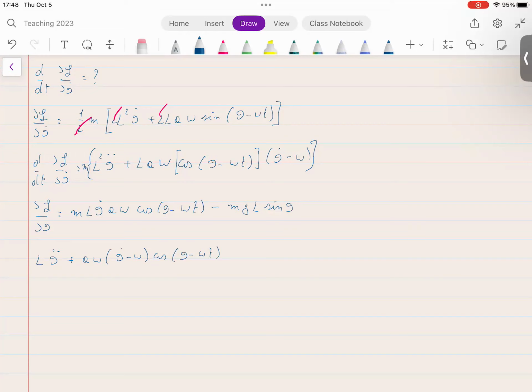The first piece is equal, so I don't have to worry about an extra sign, to theta dot A times omega times the cosine of theta minus omega t minus g times, that's g not y, sine of theta.